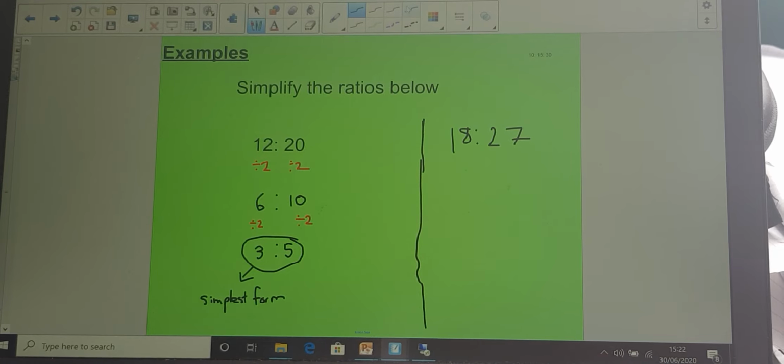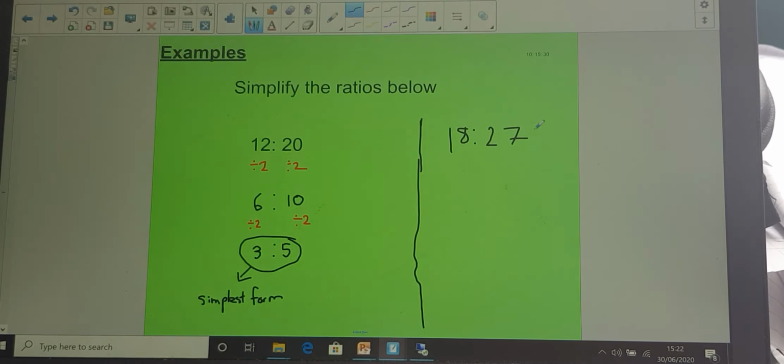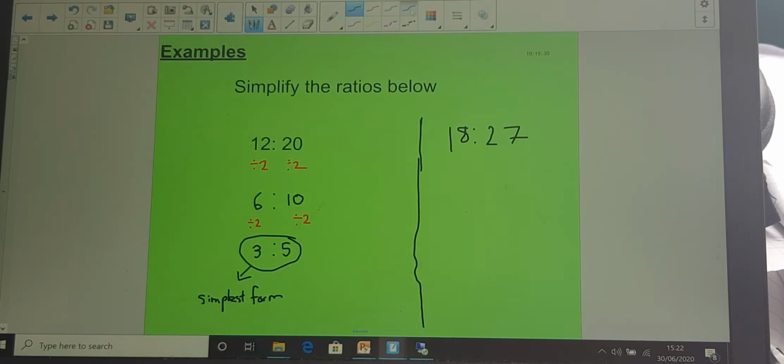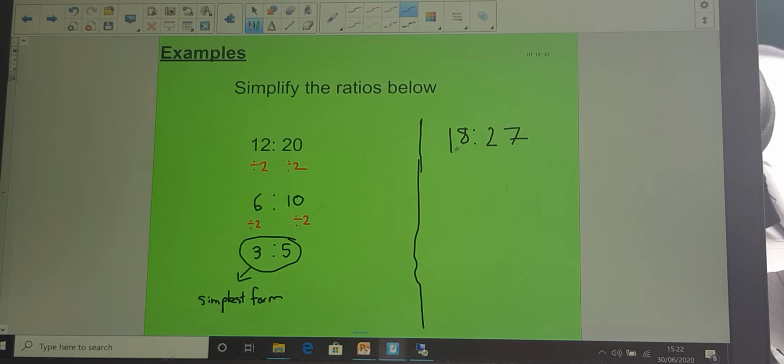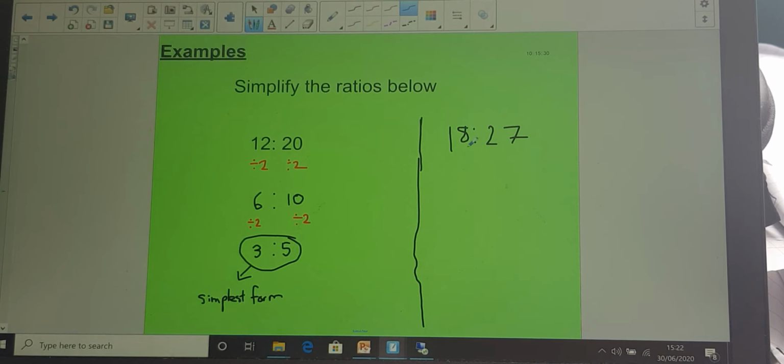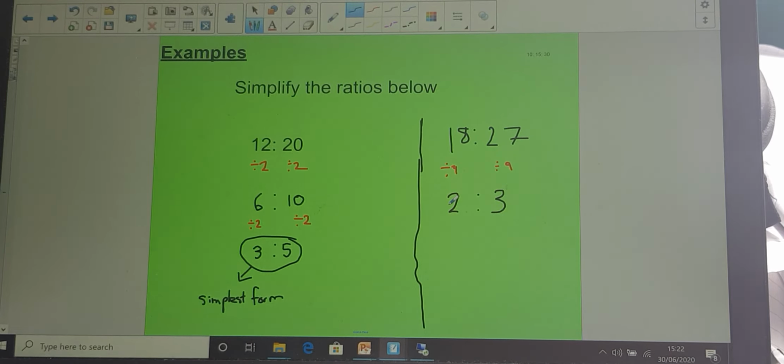So I'd think, what is the highest common factor of both 18 and 27? If you can't see it straight away, don't worry. Just see if you can find a common factor. You might realise that 3 goes into both of them, and then you could do 3 and 3 again. Or in this case, I can see that 9 is my highest common factor. So if I divide one side by 9 and this side by 9, it's going to give me 2 to 3. Any more common factors apart from 1? No.